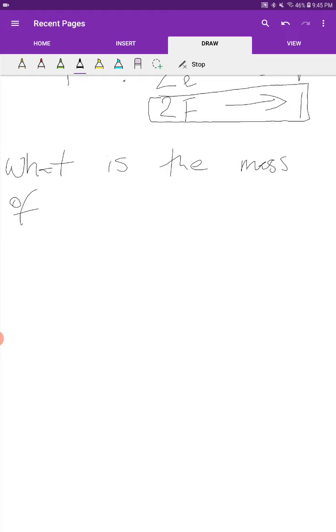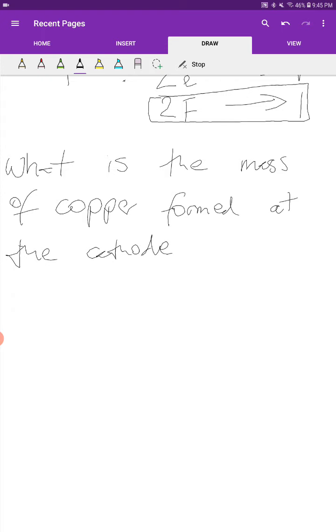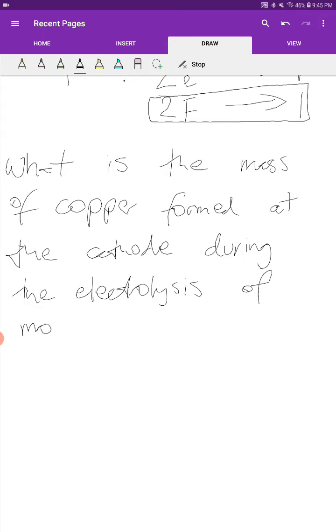So we're going to say, what is the mass of copper formed at the cathode during the electrolysis of molten copper 2 chloride using inert electrodes?